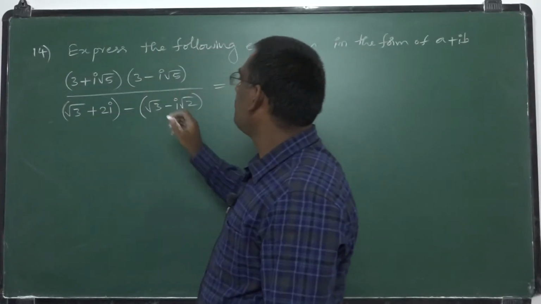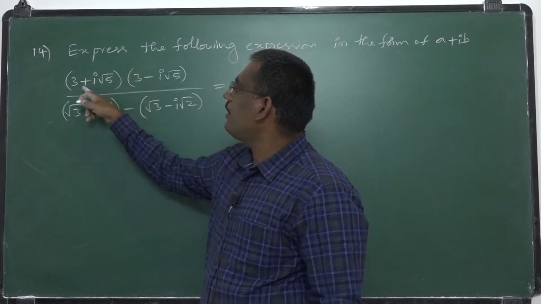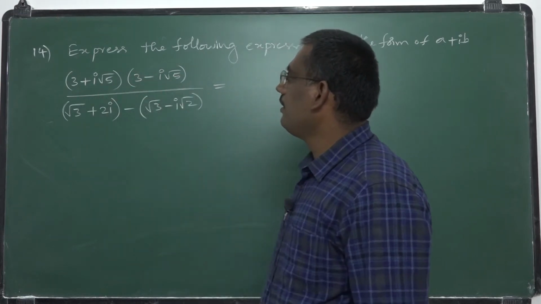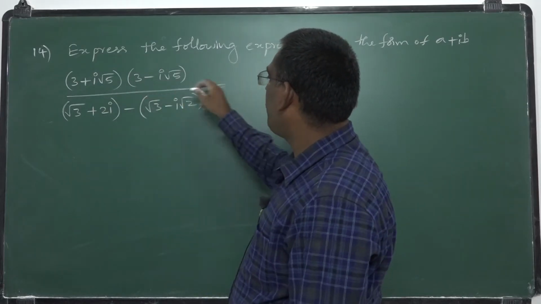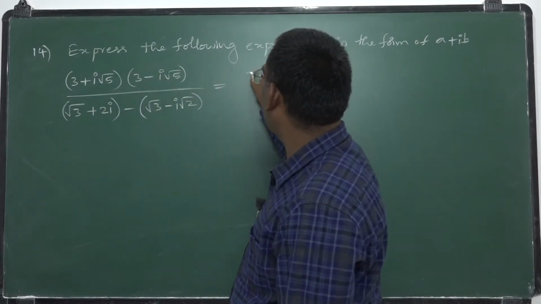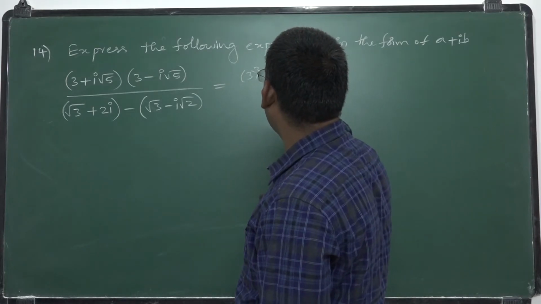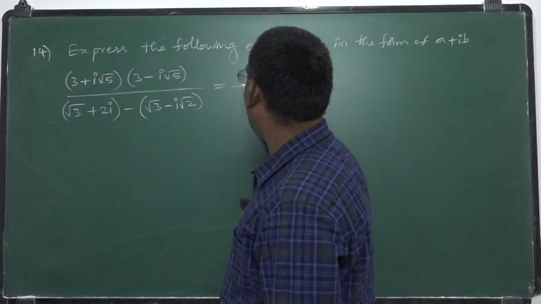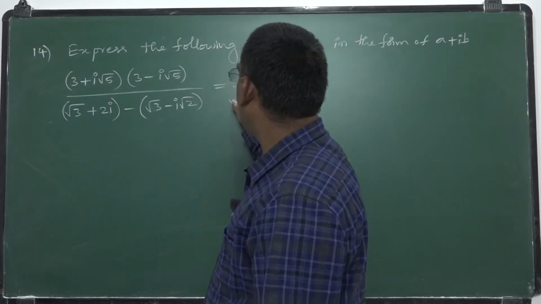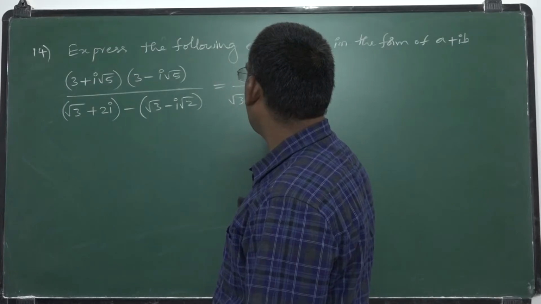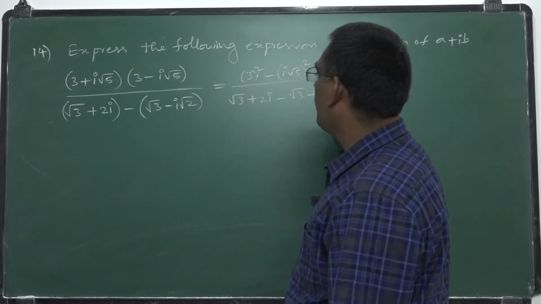3 into 3. The numerator is in the form of (a plus b) into (a minus b), so the value will be a square minus b square: 3 square minus (i root 5) whole square, divided by... Simplifying the denominator, root 3 plus 2i, multiplying with the negative sign, minus root 3 minus i root 2.